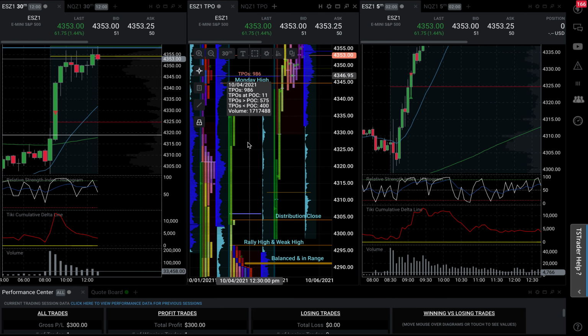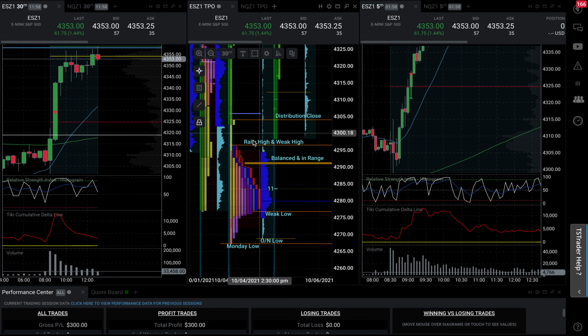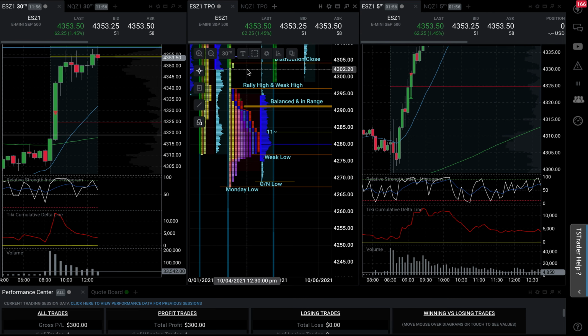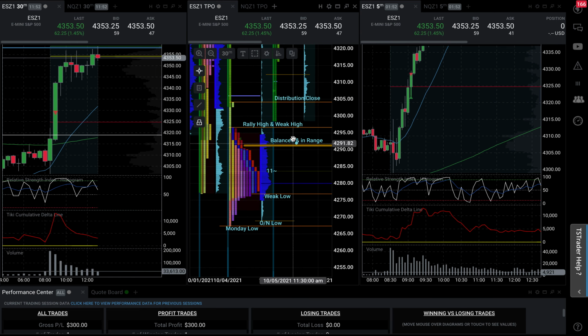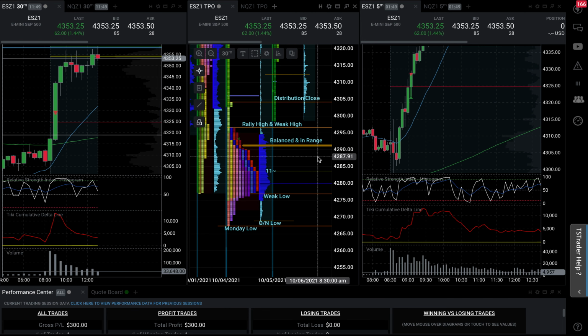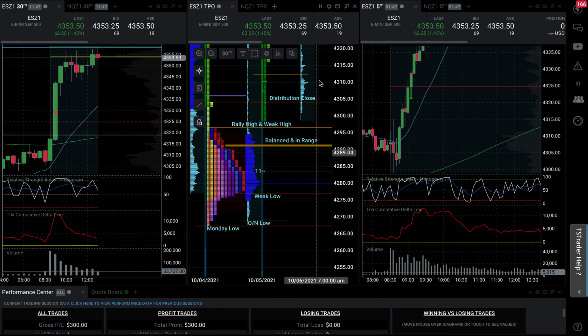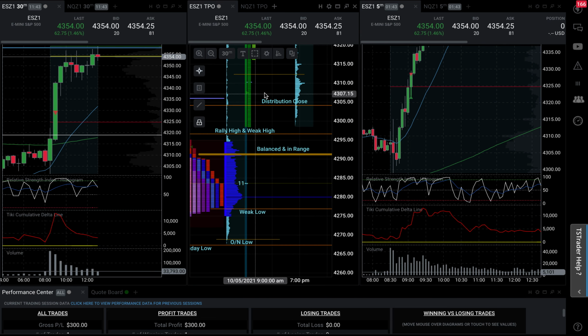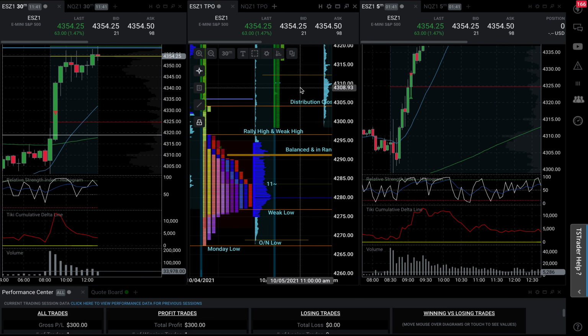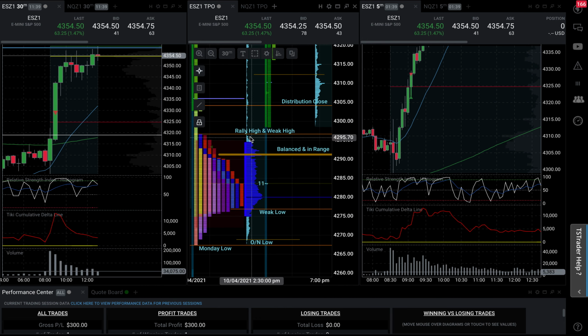It was kind of hard not to be in range. If we weren't in range, then most likely we would have been down here. So that means possibly a rotation day. But we did open above this distribution close and a rally high.